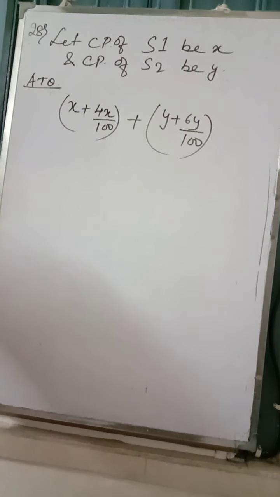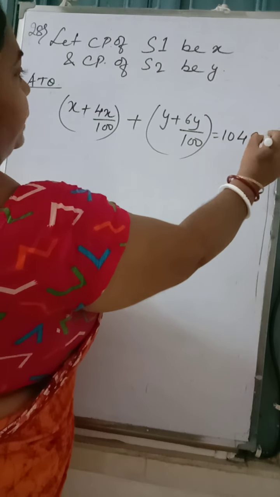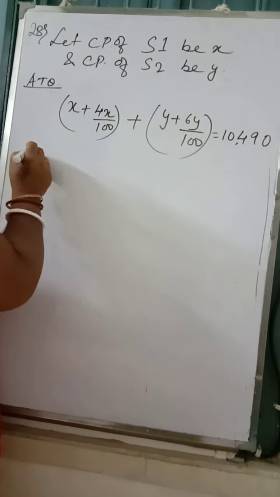According to the question, the profit made on the first mobile was 4% and on the second mobile was 6%. So X was the CP, and SP would be CP plus 4% of CP. Then when we add these two SPs, we get rupees 10,490. Now we'll just solve it.